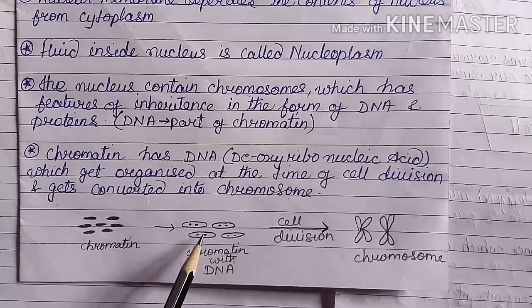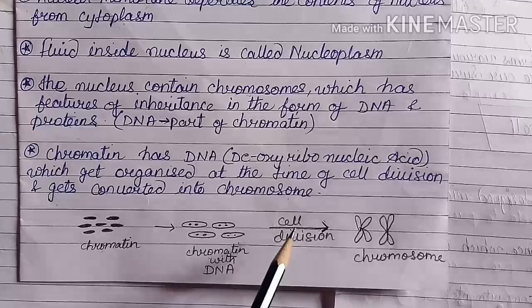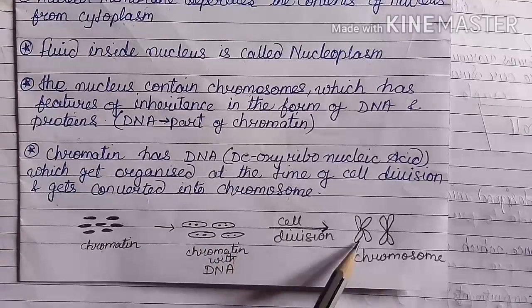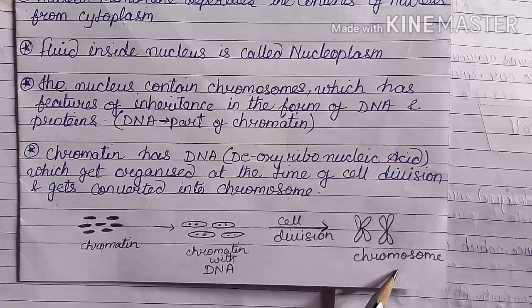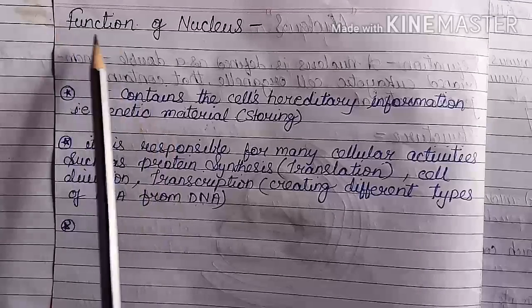At the time of cell division, the chromatin material gets arranged into chromosomes. So we can say that the nucleus has chromosomes which carry the genetic material, which is DNA. Let's see the function of nucleus.